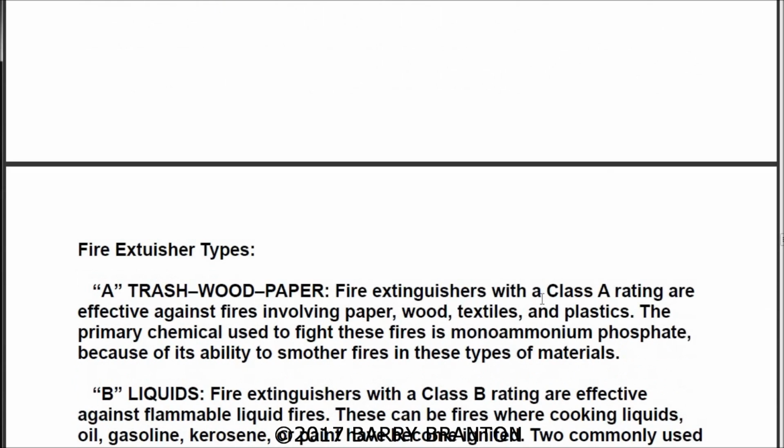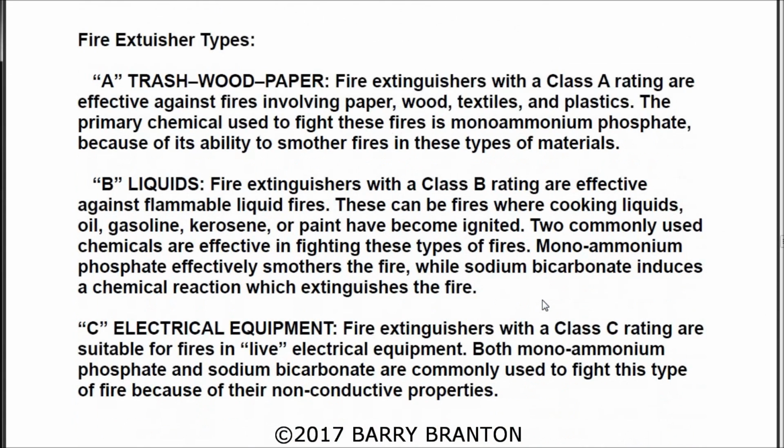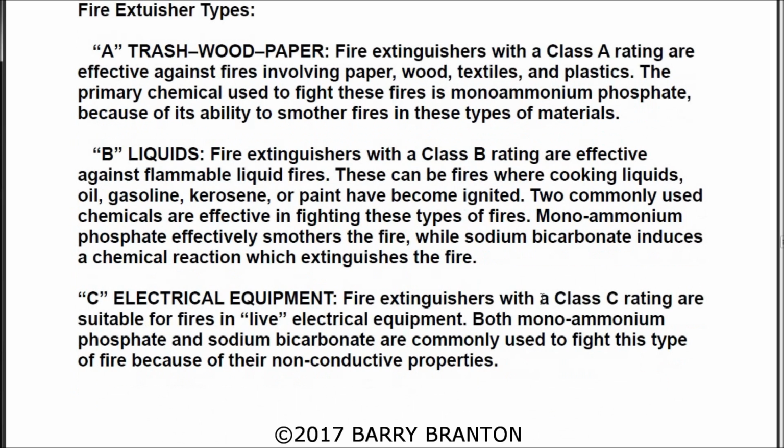Now we have a breakdown on the different types of fire extinguishers here. We have A, which is for trash, wood, paper. Fire extinguishers with a Class A rating are effective against fires involving paper, wood, textiles, and plastics.